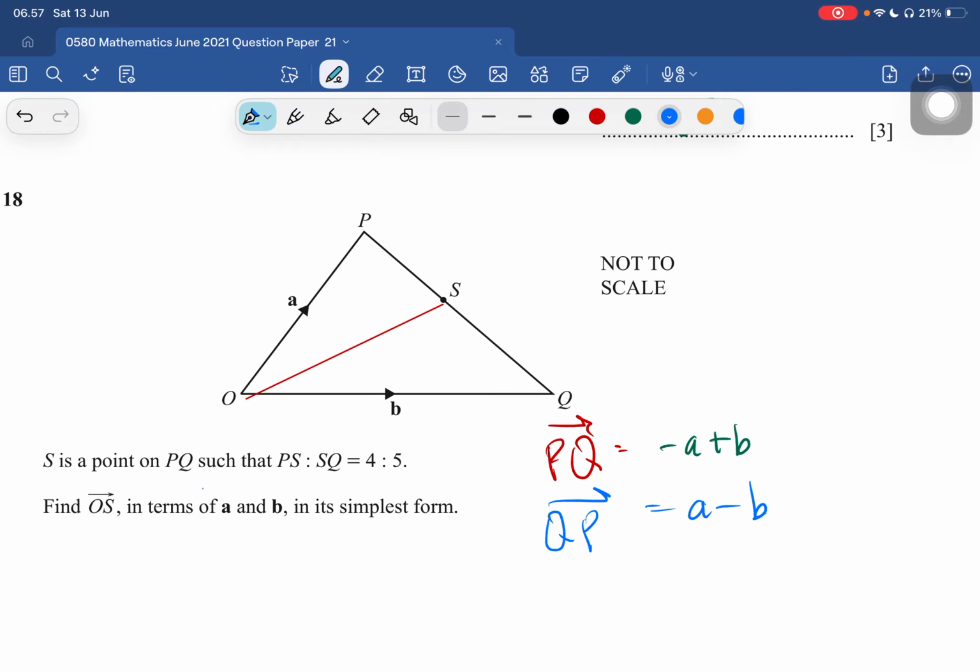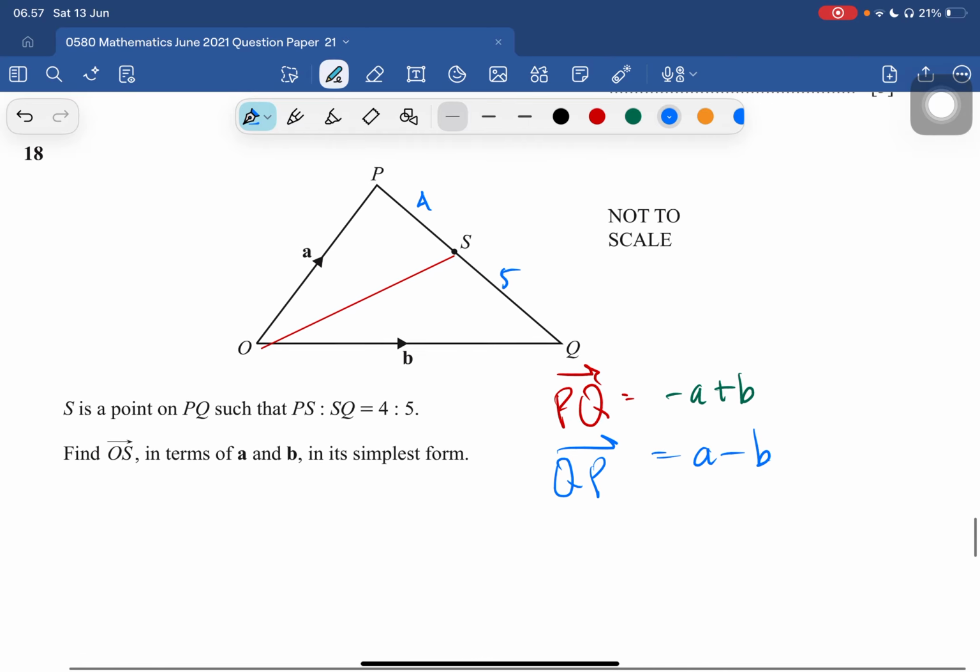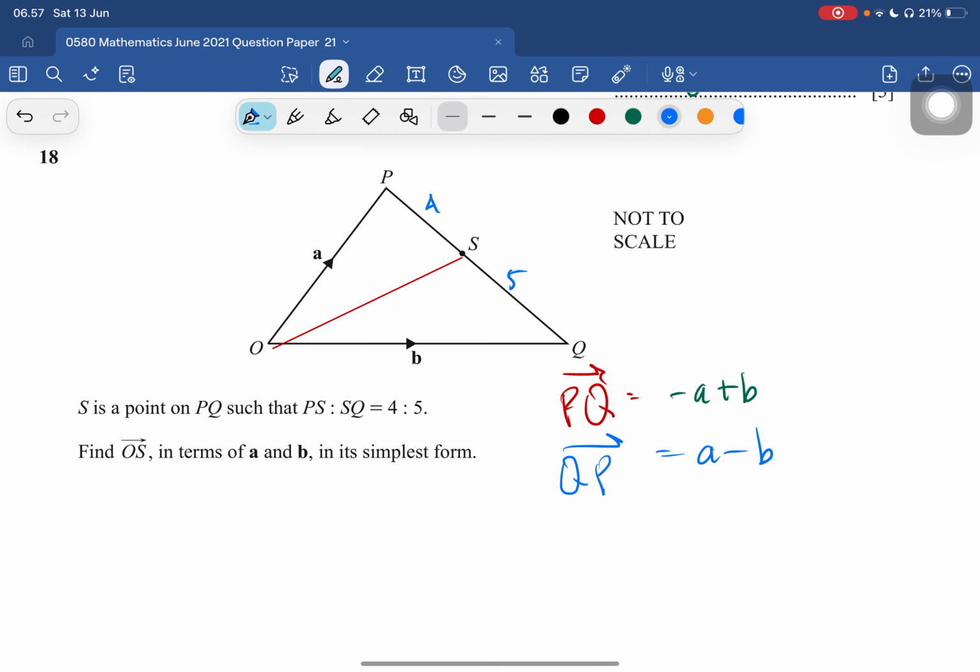Okay, this is the point PS and SQ. This is 4 and 5. So yeah, here it is. The details of PS and SQ. Okay, let us find OS. So OS, let's say we are using OP plus PS.